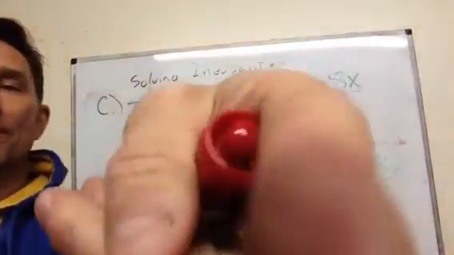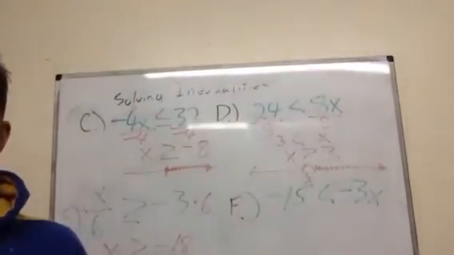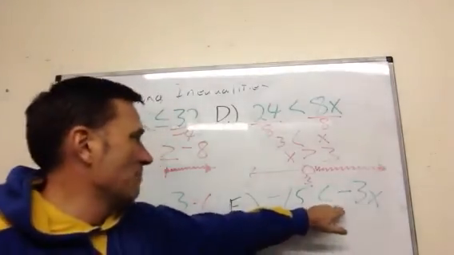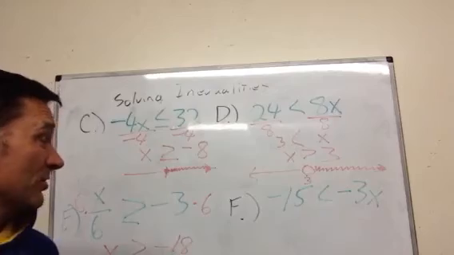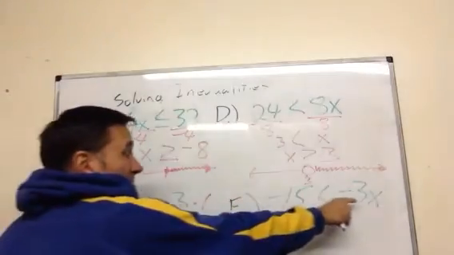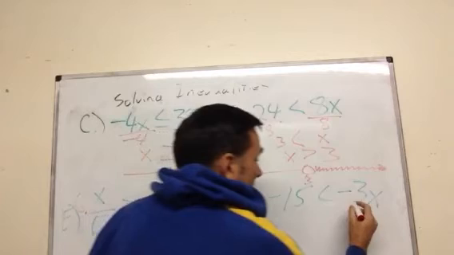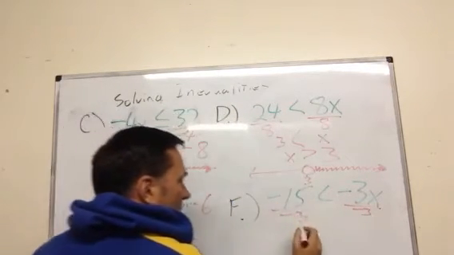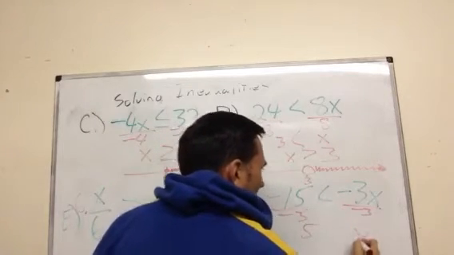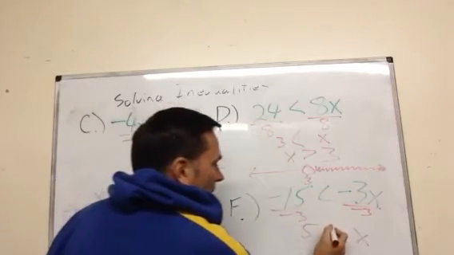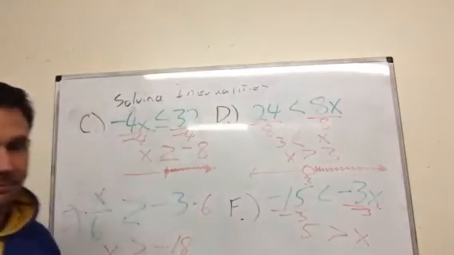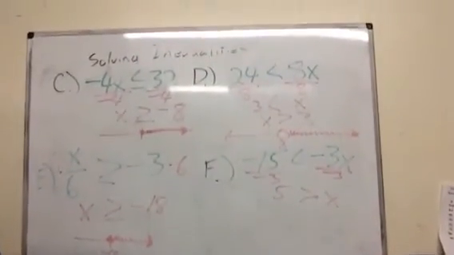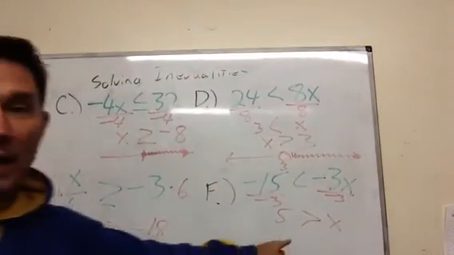Now the last example. You have to think about it again. We're going to be doing a couple things with the inequality to make sure it stays straight. First of all, I see my variable is on the right-hand side, so I need to divide by negative 3. Negative 15 divided by negative 3 is positive 5. Because I divided by a negative, I need to change the direction. So we have 5 greater than or equal to x.